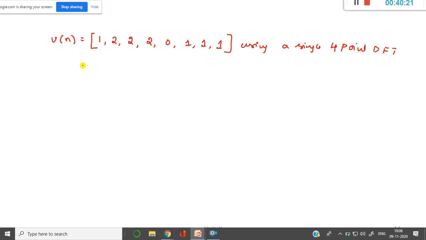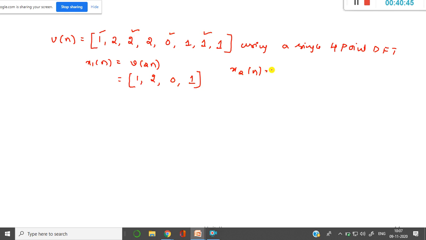Okay, what you are supposed to do? You need to separate this as x1 of n, which is nothing but v of 2n, the even sequence: 1, 2, one more 2, 0 and 1, right?